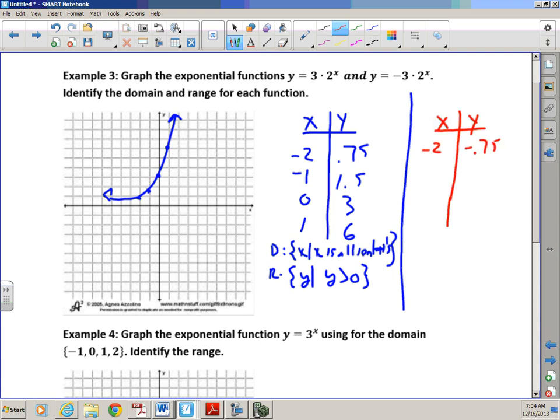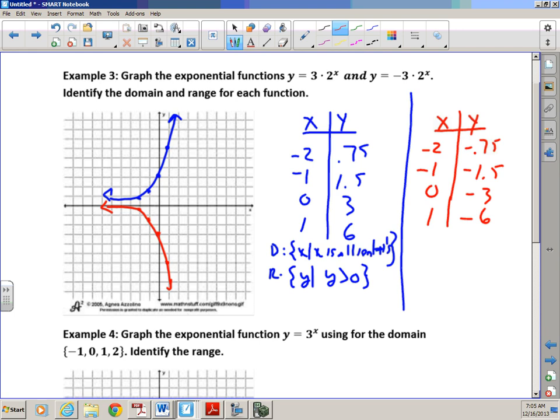And what you're hopefully noticing is that all that's happened is my signs have changed for my y values. And my graph is going to look something like this. My orientation's a little off, so it's not really hitting the x-axis.